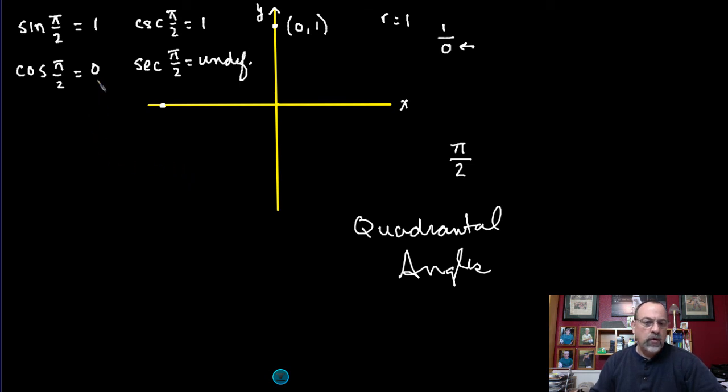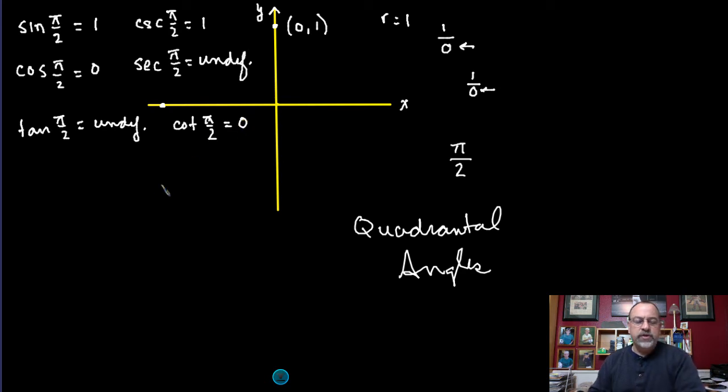Or if you just took the reciprocal of this, 1 over 0, that would produce an undefined value. Then if you take the tangent of pi over 2, which you remember was y over x, well here y is 1 over x, which is 0. Again, it's undefined because we have a 0 in the denominator. And then the cotangent function is the reciprocal of that, so that'd be x over y, so that'd be 0 over 1, which is 0.